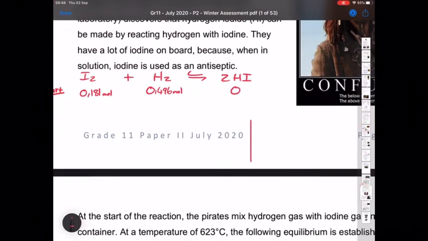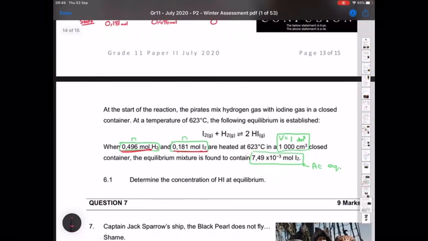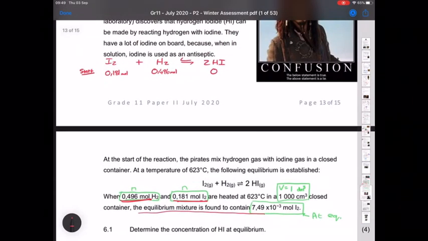Then they tell us for the reaction, actually they don't tell us too much, but the equilibrium mixture is found to contain 7.49 times 10 to the minus 3 moles of I2, and that's at equilibrium. So we're going to come back to the reaction, but at the end, we've got 7.49 times 10 to the minus 3 moles of I2.